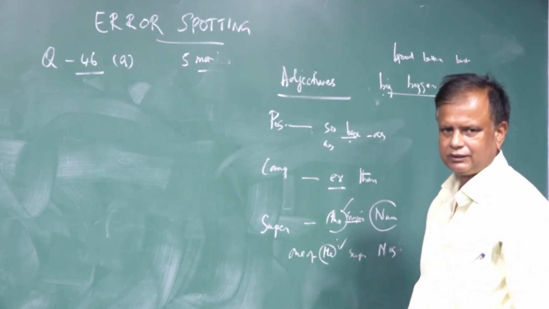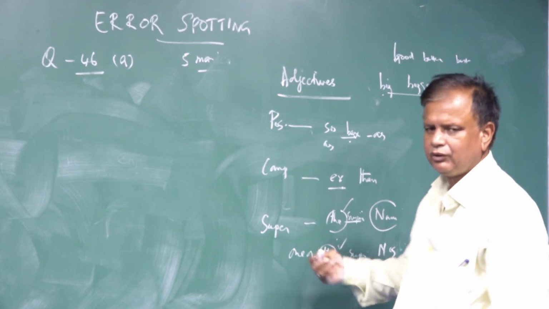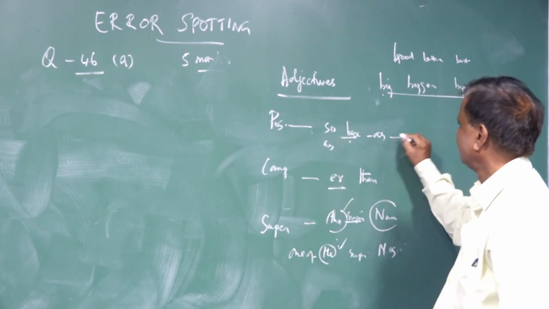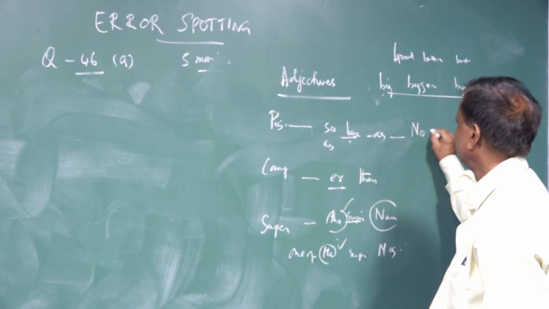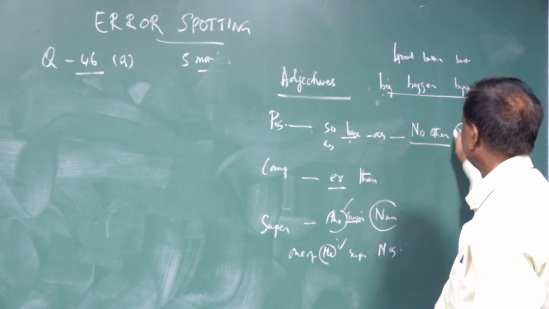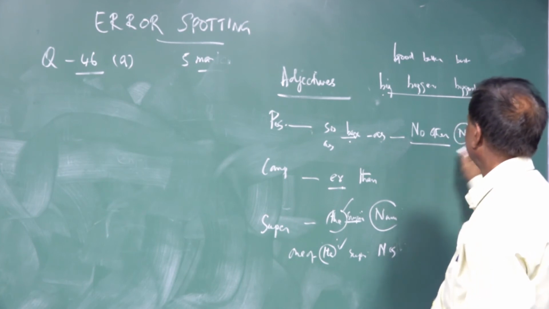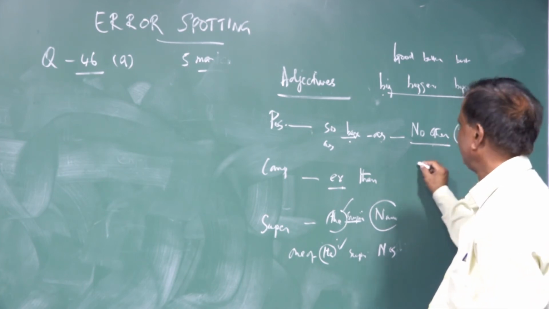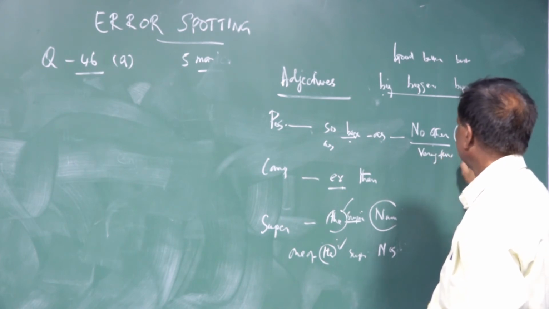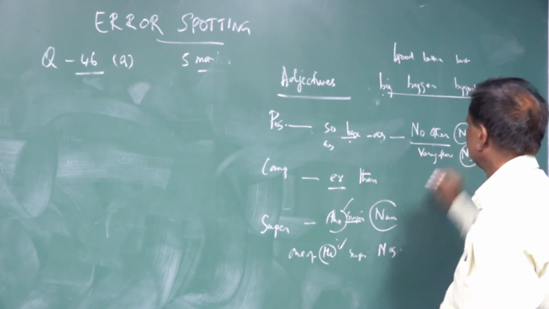That should be studied by you. That should be known to you. This is the structure. For a positive, I will have no other followed by a noun. Similarly, either it will be no other or it will be very few. When it is very few, it should be followed by a noun.